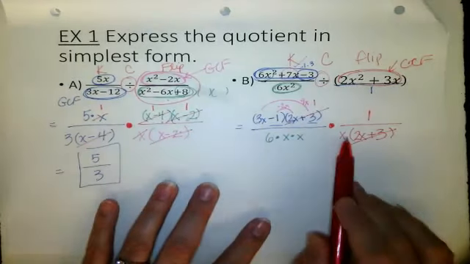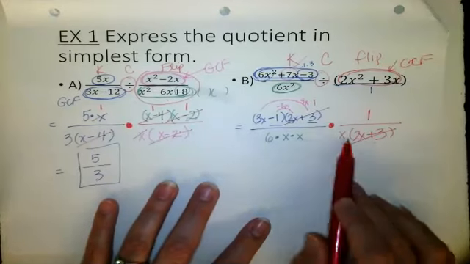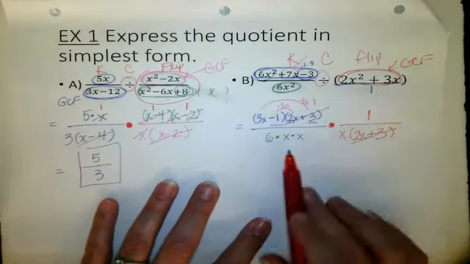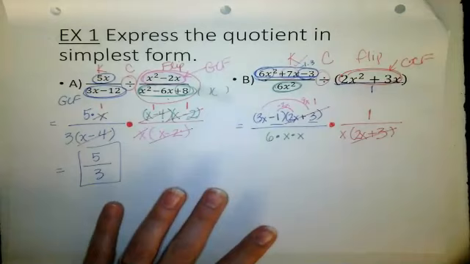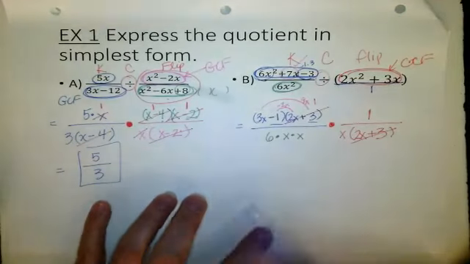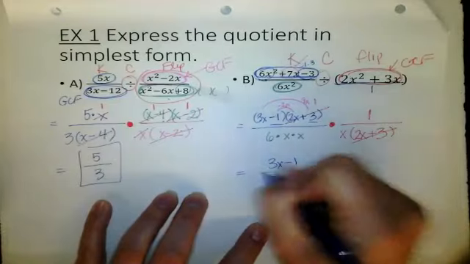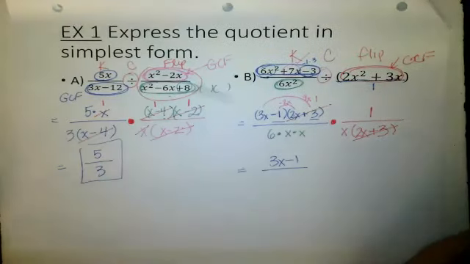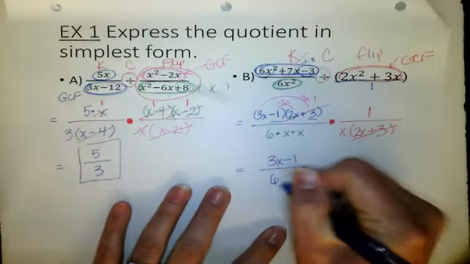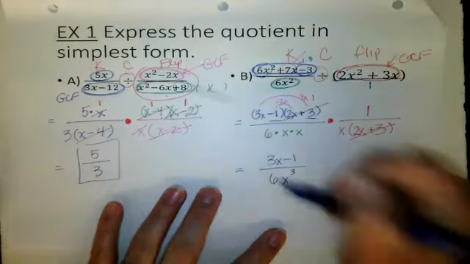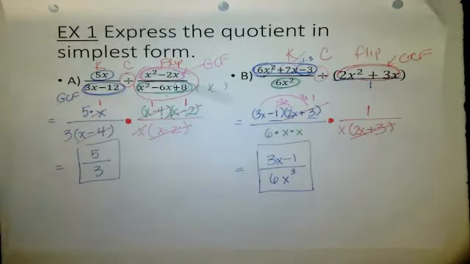Do these x's cancel? No. They have to be top and bottom. One on top, one on bottom. Those will cancel. But those are both all on the bottom, so they don't cancel out. We have a 3x minus 1 in the numerator. What's in our denominator? 6x to the third, 6x cubed. Very good.